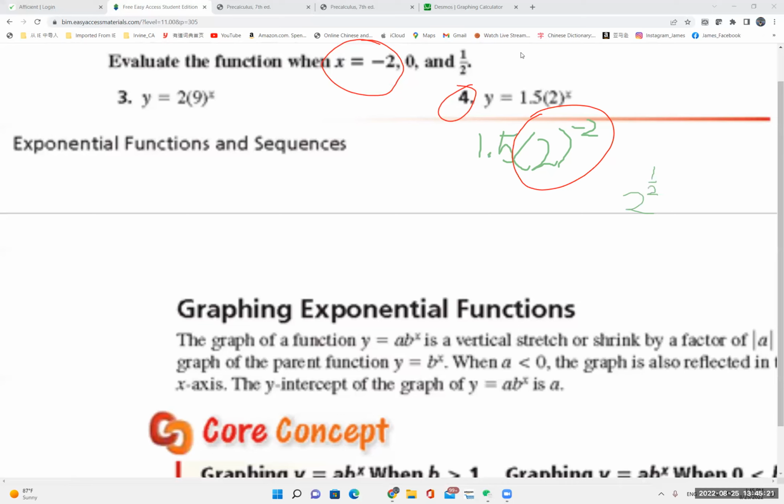See here: a to the negative n equals... Okay, fine, try to do it.